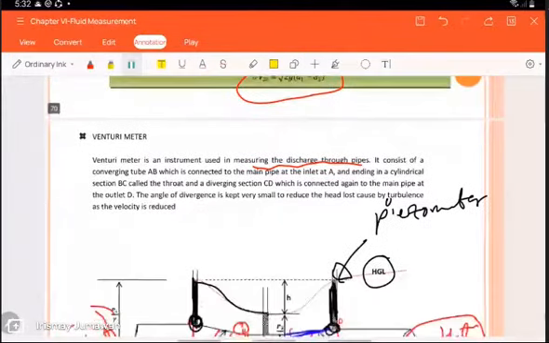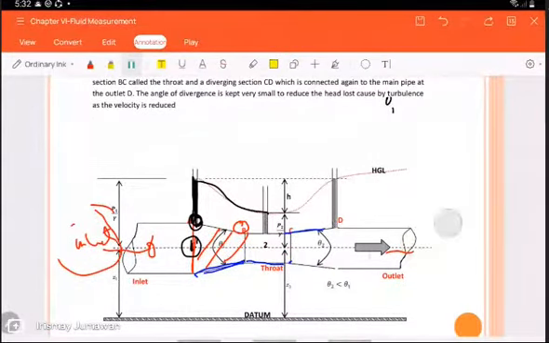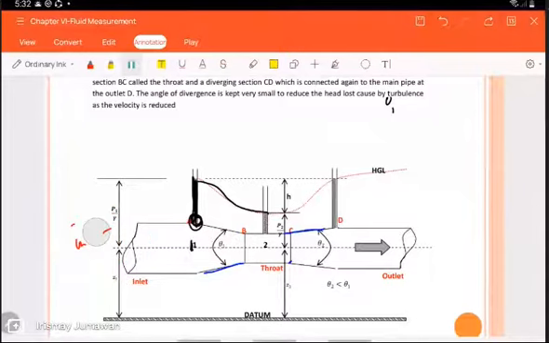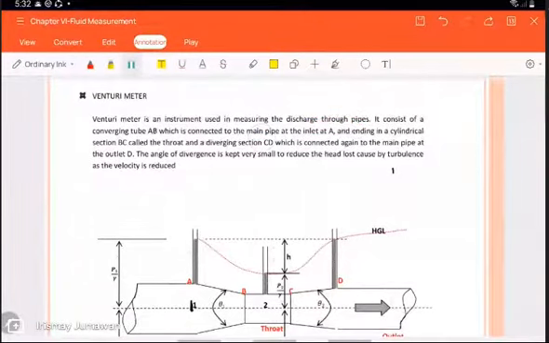Okay, another device we have here is called the venturi meter. I am assuming that you met this device in your fluid mechanics, because this is a problem of chapter 2.